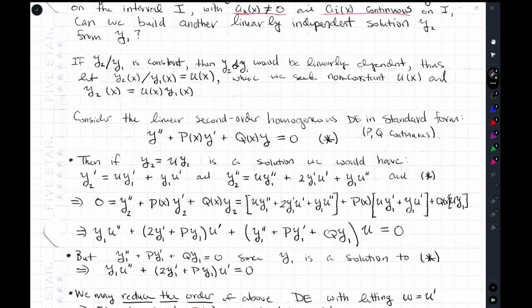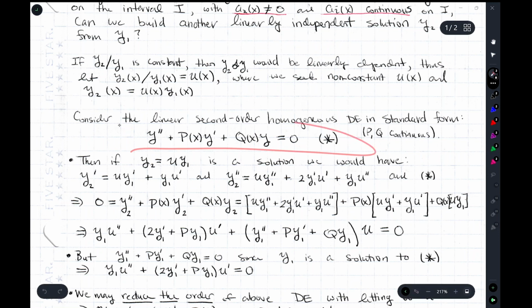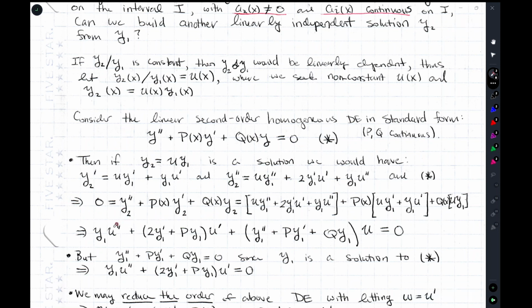Now we're going to plug that into our differential equation in standard form. So 0 is the right hand side, and it's equal to y2 double prime plus p times y2 prime plus q times y2. So we're just plugging y2 into the differential equation. We're imposing the condition that it is a solution. We're going to see what that condition implies.